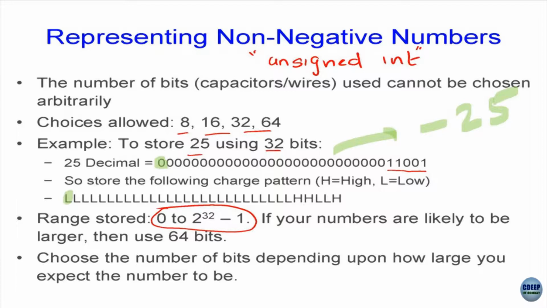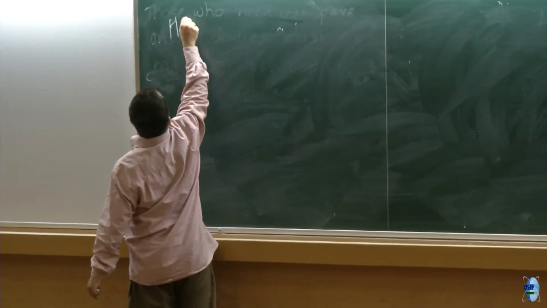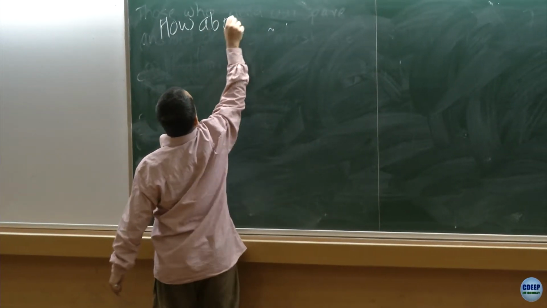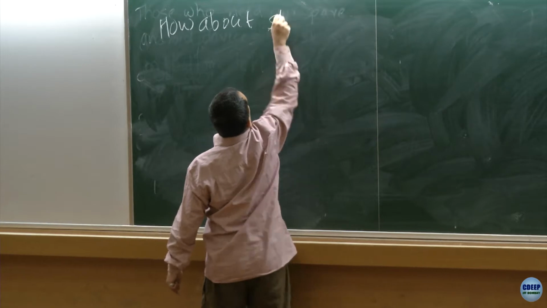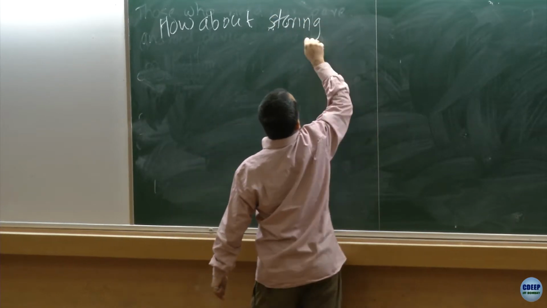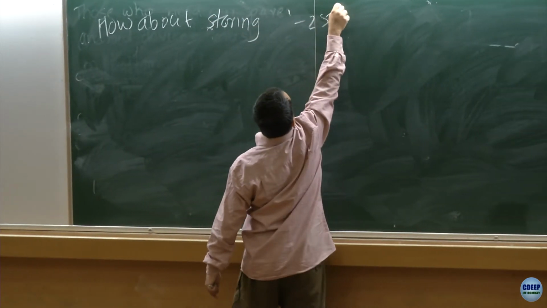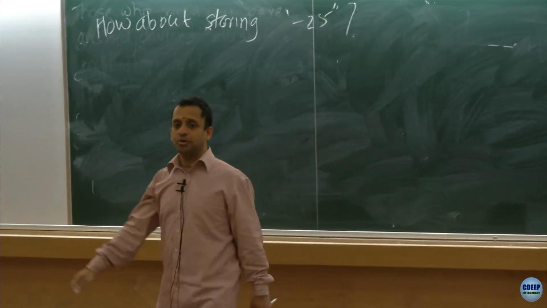However, what do you do with negative numbers? What if I had to represent minus 25? Negative integers. Let's just talk about negative integers. Minus 25, what would you do?